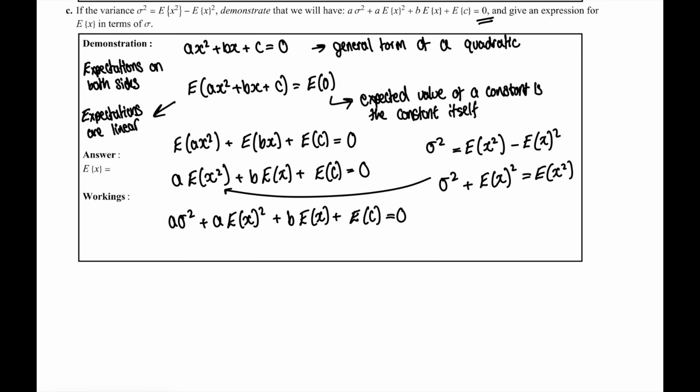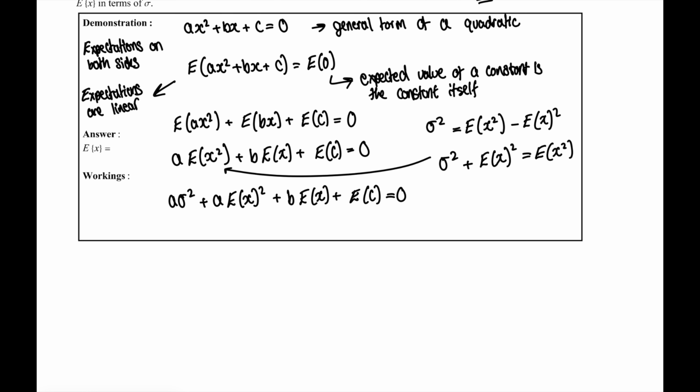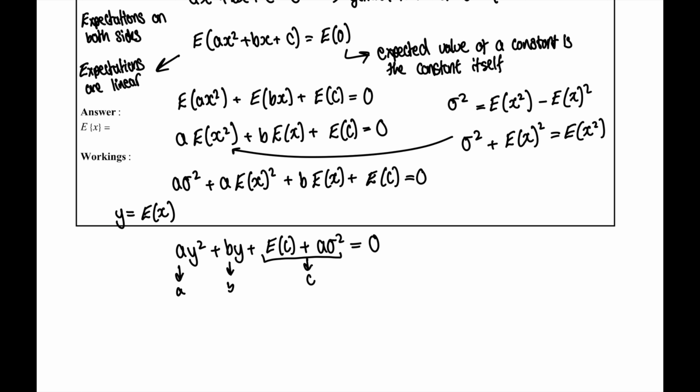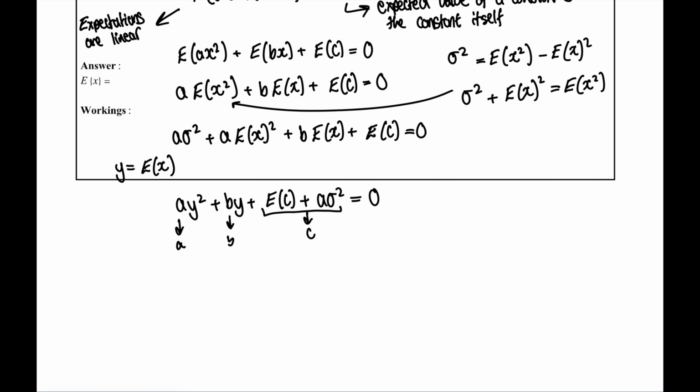And now we need to give an expression for E[x] in terms of sigma. Hopefully we can see that this is a disguised quadratic. If I let y equal E[x], the expected value of x, we get a y squared plus b y plus E[c] plus a sigma squared is equal to 0. So all of this is our constant c, and then this is b, and this is a when we look at the general form of a quadratic.